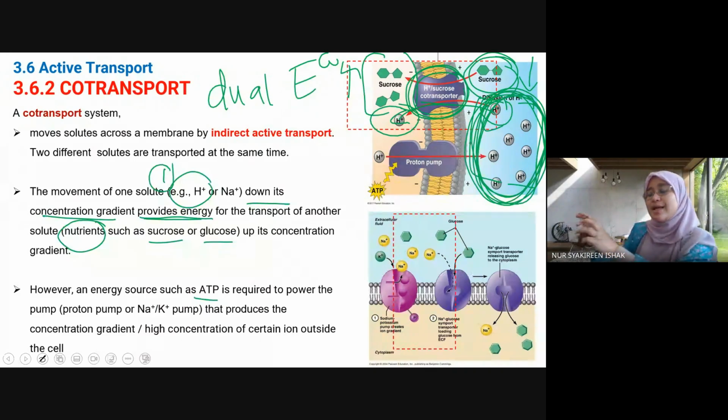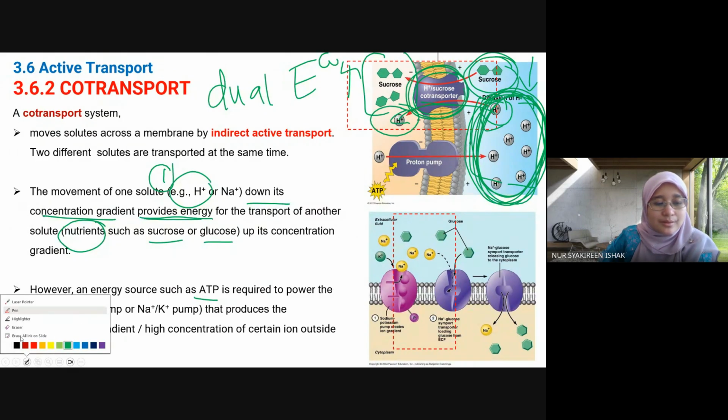Dia macam potential energy lah. Hydrogen ion diffuse masuk, that force causes sucrose to also enter using the co-transporter into the cell. So in order for the sucrose to enter the cell, it enters together with hydrogen ion, using the co-transporter.